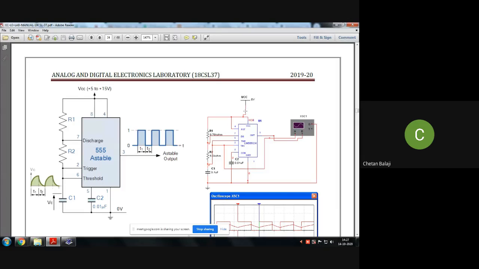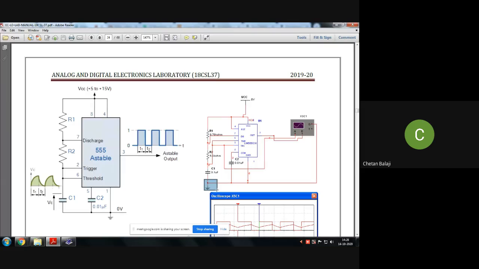Then connect R1 to R2. Short R2 with C1. The other end of C1 gives to ground.